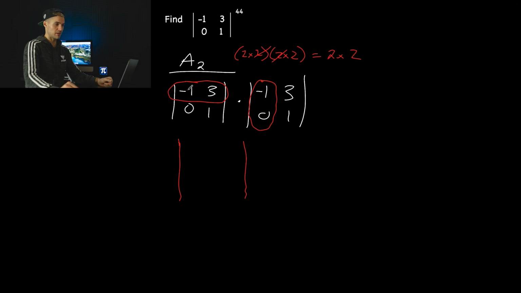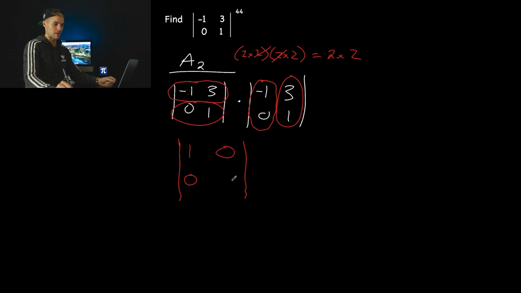If I multiply the first row by the first column, -1 times -1 is +1, 3 times 0 is 0, that just gives us 1. Then this entry, second row, first column: 0 times -1 is 0, plus 1 times 0, that's 0. Then the first row times the second column: -1 times 3 is -3, plus 3 times 1, that gives us 0.